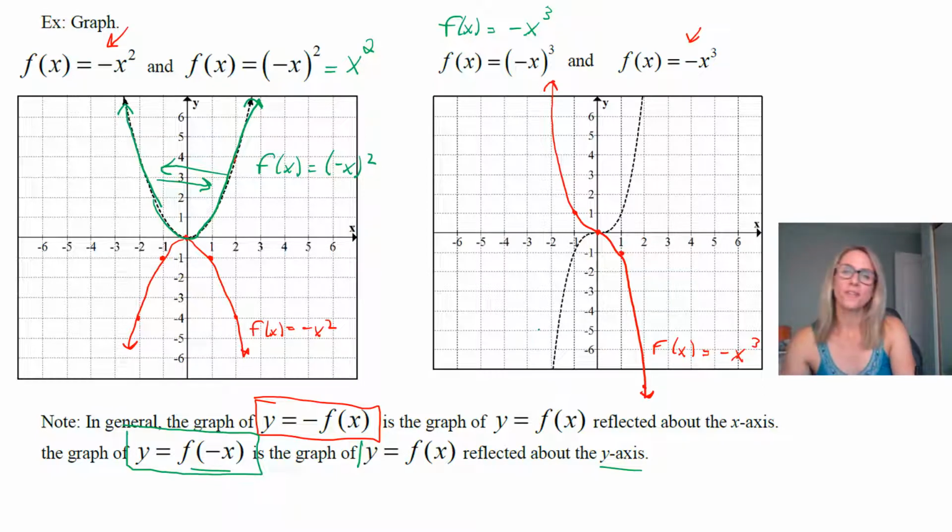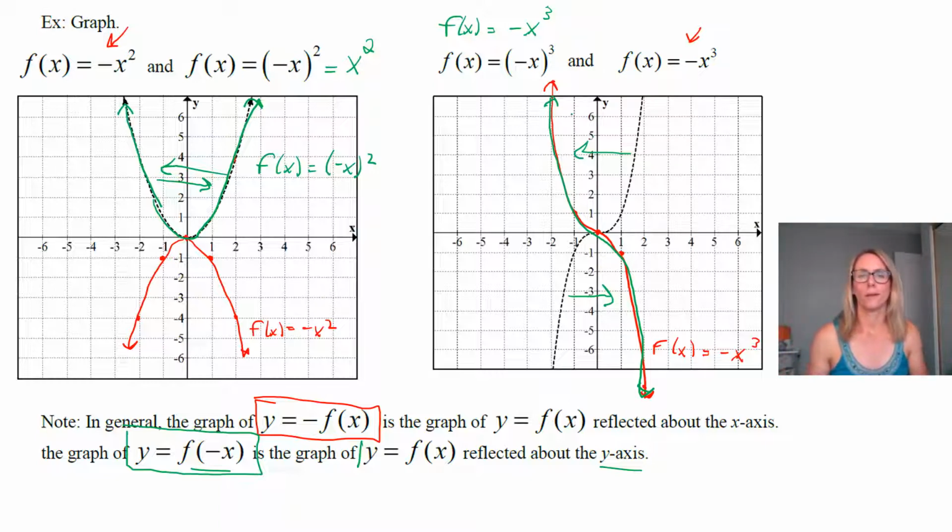For this function that you see here, that just means that we're going to reflect it over the y-axis. Well, that's the same thing that happened when we put the negative on the outside. So you can see that it really just depends on what function you have, but because one of these functions is even and one is odd, which again I'll talk about soon, that's the reason that they do two different things. In one case the reflection gave you the same thing, and in one case it gave you the same thing either way.